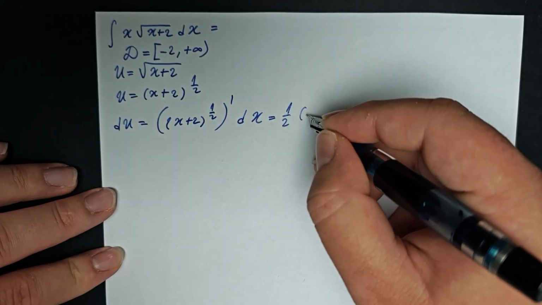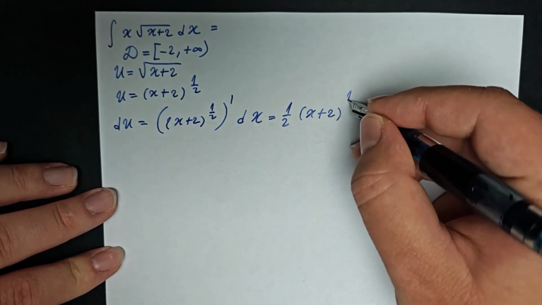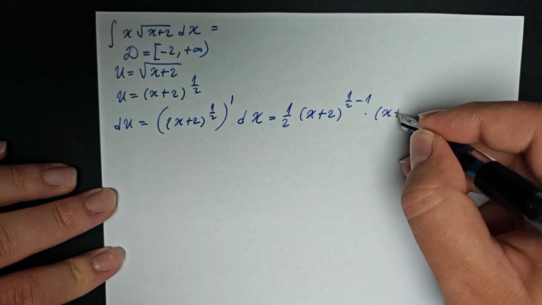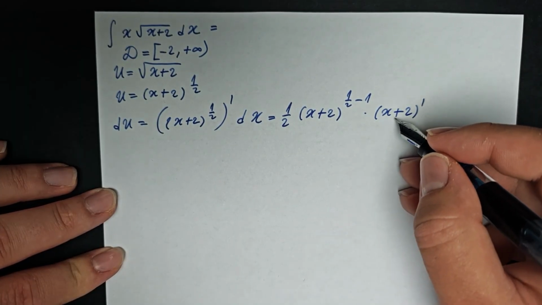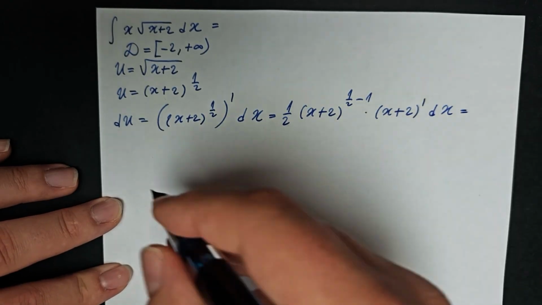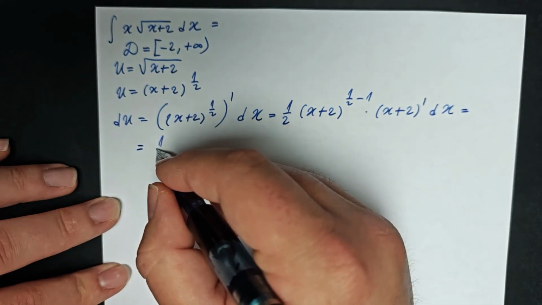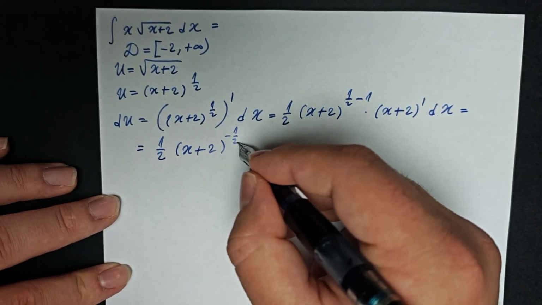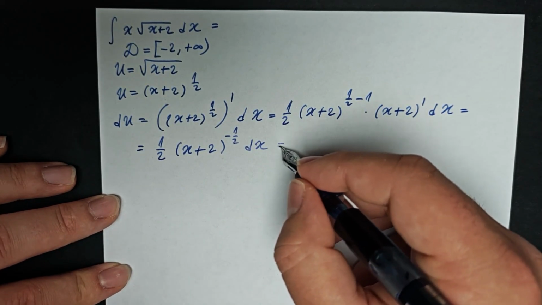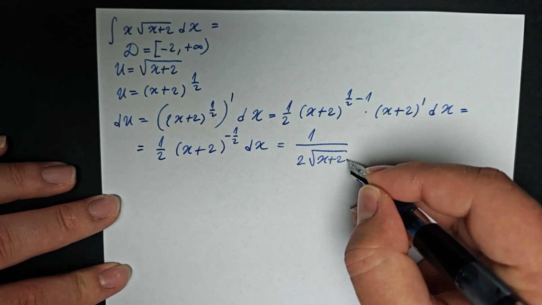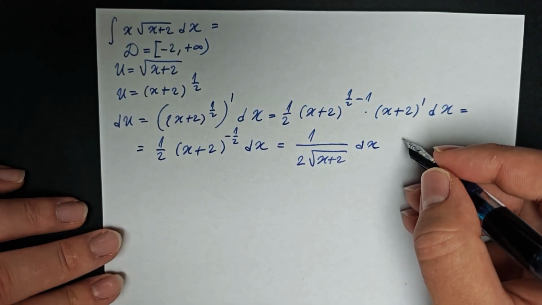This is 1/2 times x plus 2 to the power 1/2 minus 1, multiplied by the derivative of x plus 2 with respect to x, dx. This is equal to 1/2 x plus 2 to the power of negative 1/2 dx, and that is 1/2 square root of x plus 2 in the denominator, dx.